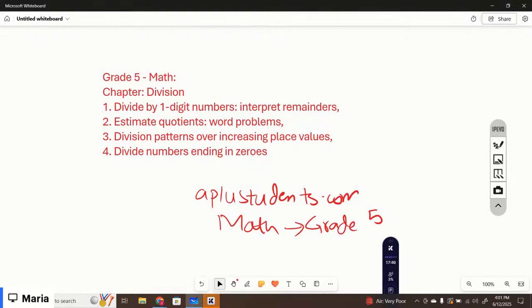The lessons we plan to cover today are divide by one-digit numbers, interpret remainders, estimate quotients, word problems, division patterns of place values, divide numbers, and number series.